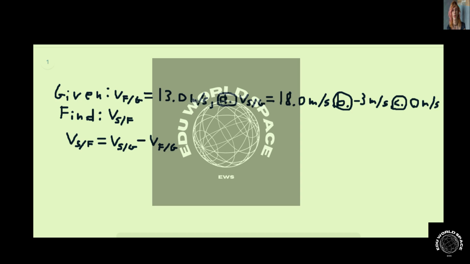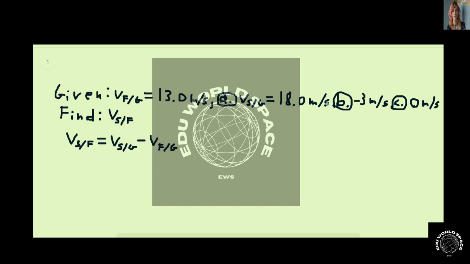Okay, and then in part A, it's saying that the scooter's velocity relative to the observer on the ground is going to be 18.0 meters per second. So that means v s slash g, which is the velocity of the scooter relative to the ground, is going to be 18.0 meters per second.